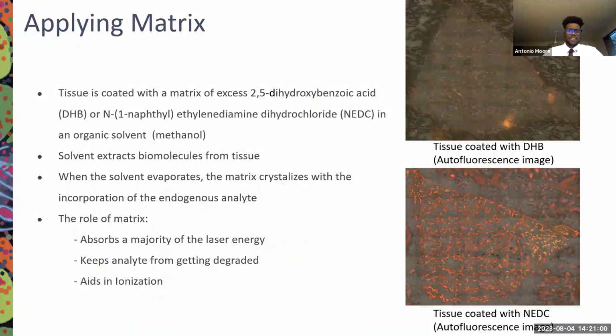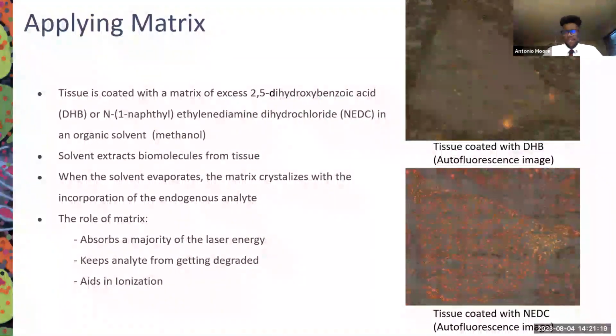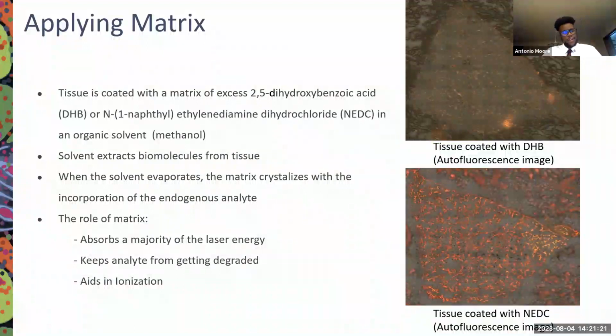The solvent extracts the lipids and biomolecules from the tissue, then evaporates off, and then the matrix crystallizes with the incorporation of our biomolecules. The role of the matrix is to absorb a majority of the laser energy, and it keeps the lipids from getting degraded and it aids in ionization because the weak acid or weak base either donates a proton or extracts a proton.